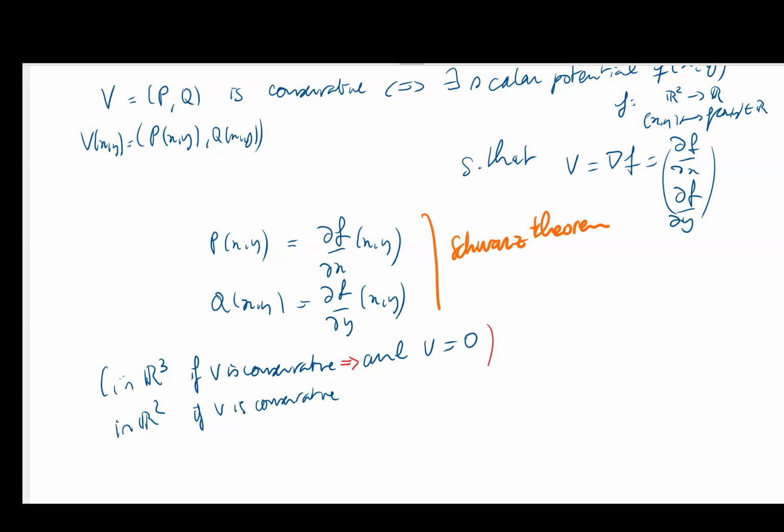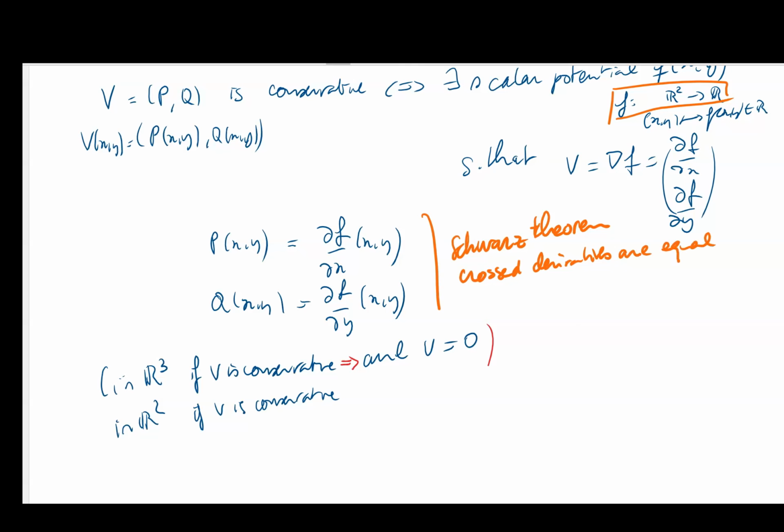The Schwartz theorem tells you that if your scalar function of two variables, like f, has continuous second derivatives, so keep this f in mind, then the cross derivatives are equal.